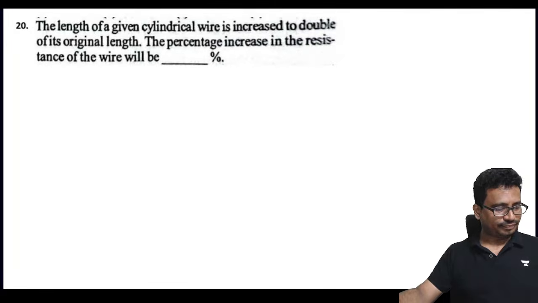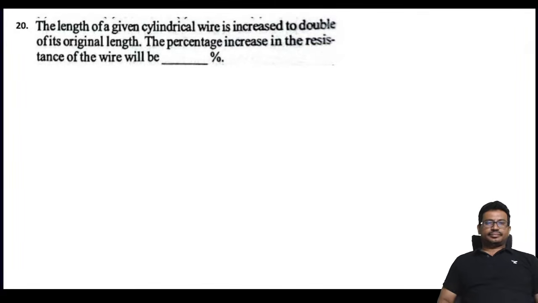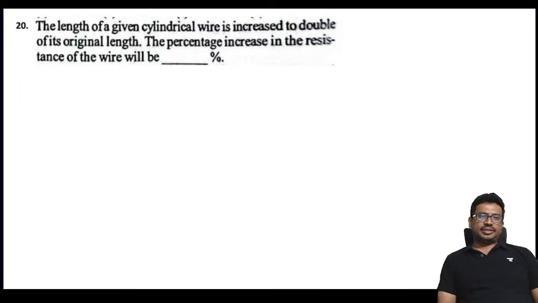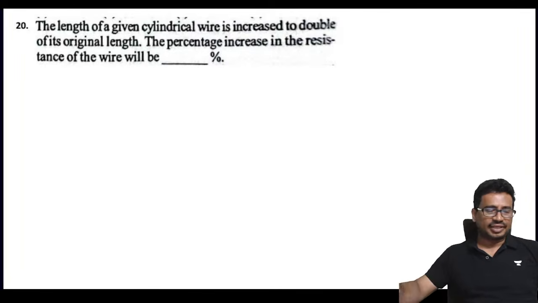Next one. The length of a given cylindrical wire is increased to double of its original length. The percentage increase in the resistance of the wire is.